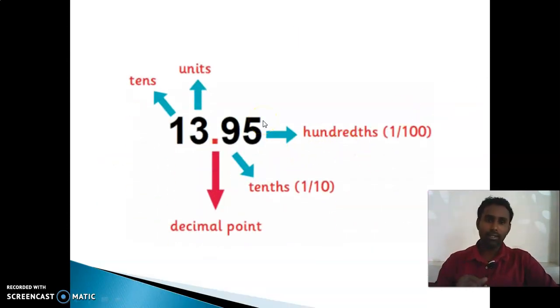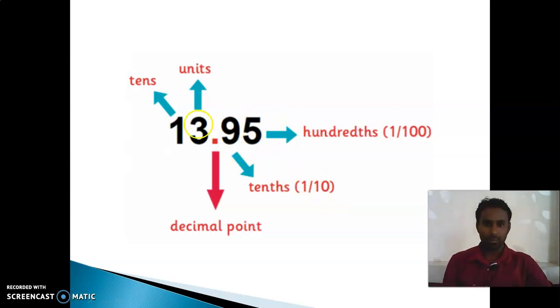how to convert the decimal point, that means decimal point after 1 digit, into a fraction. We studied that. Anyway, see here, I gave one number, 13.95. In that 13.95, the decimal point after the first digit is called 9 by 10. That's called 1 by 10 place value, so that is 9 by 10.